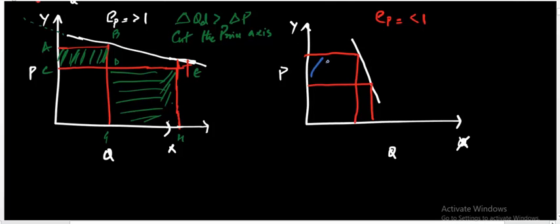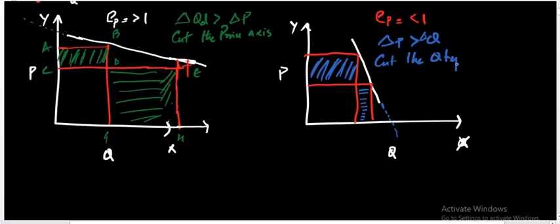For a big change in price, there's a very small change in the quantity demanded. In this scenario, the elasticity of price is less than 1. If I extend this, it is going to cut the quantity axis. So here the change in price is greater than the change in the quantity demanded.